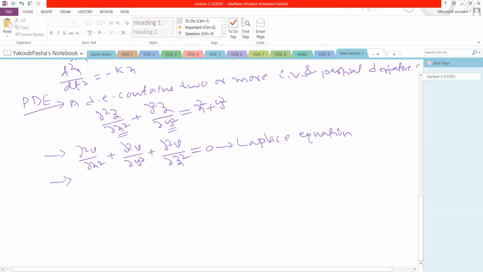Now I am taking another example, dou square v by dou x square is equal to 1 by c square into dou square v by dou t square. Here x and t are two independent variables. This differential equation is called the wave equation.